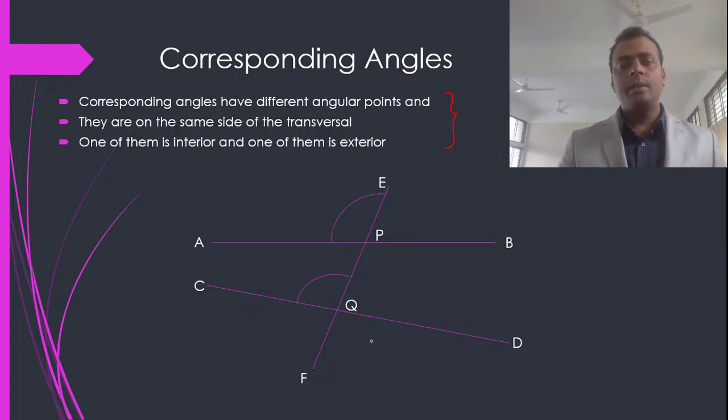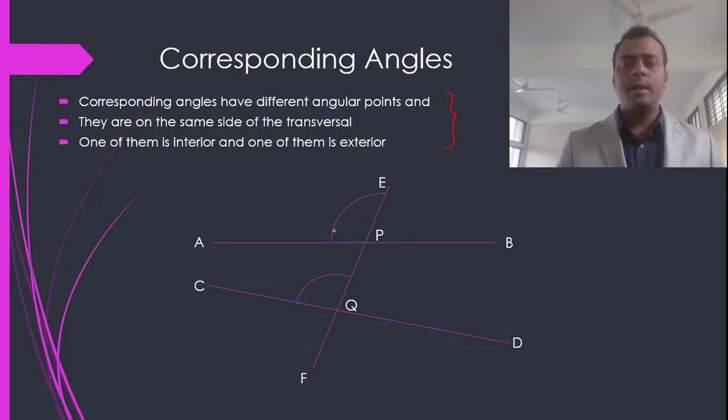So you can see another two corresponding angles. They are APE and CQE. They also have different angular points, P and Q. Both are on the left side of the transversal, and also one of them is interior and one is exterior: CQP is interior and APE is exterior.